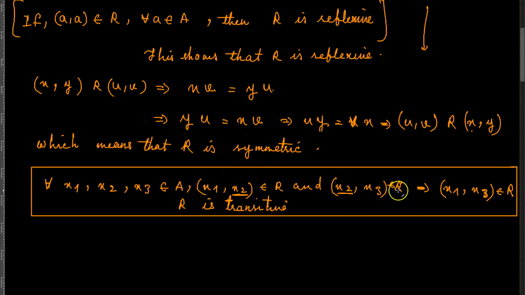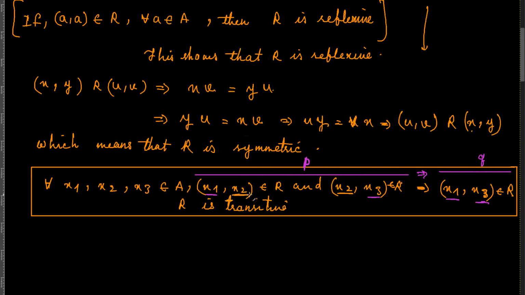If both of these simultaneously belong to R, call this part P, and if P implies Q, meaning that if P is true then Q is true, that is, (x1, x3) belongs to R, then R is transitive.